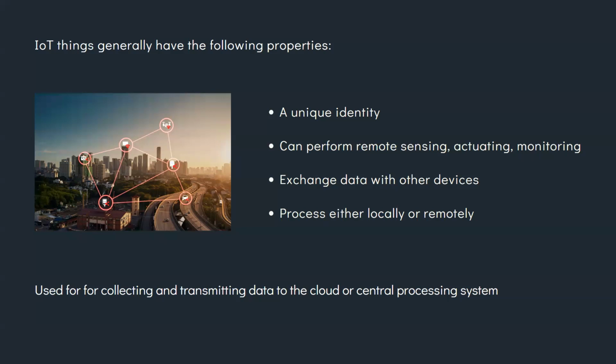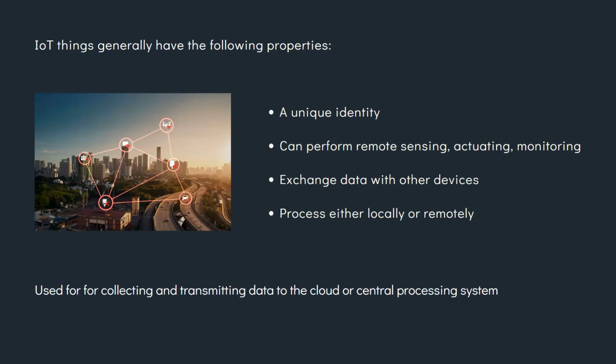Thirdly, they can exchange data with other devices, right? Since they have communication modules and short range communication ability, if the neighboring devices also have the communication ability, they can directly communicate with the other devices, for example, using Bluetooth. Otherwise, they can communicate through the local server and gain access to the other devices in the IoT network.